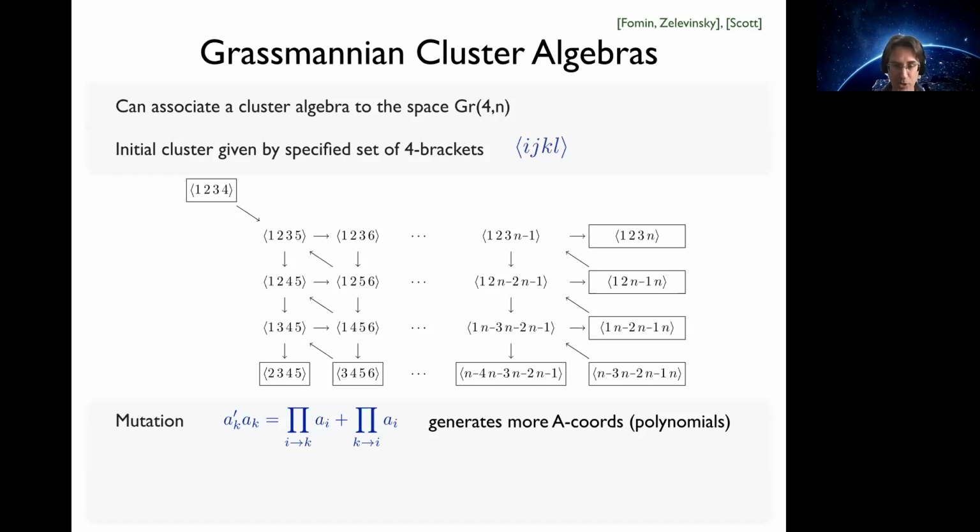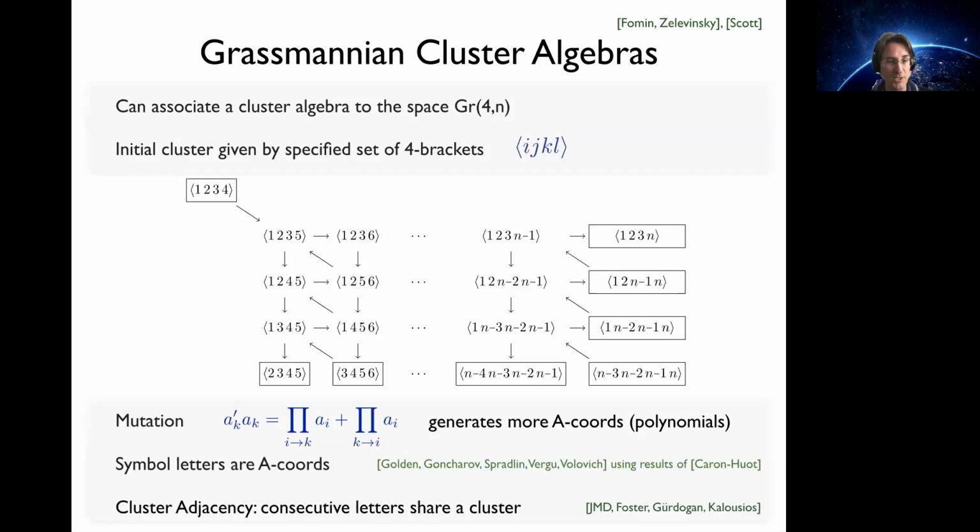If I select node a_k, the mutation rule tells me how to get the new value of that node, a_k prime. And it's basically given by: a_k prime is the product over incoming arrows of those A's plus the product of the outgoing arrows of those A's. And what that generates for us are more A coordinates, and these in general are polynomials in the Plücker variables.